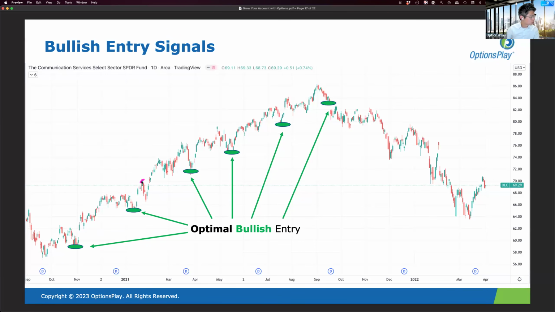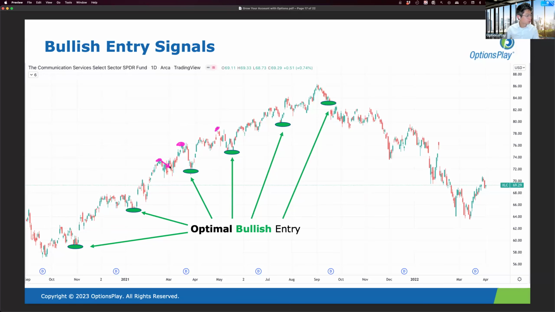If you sold the credit spread here, would you have been profitable after some pain? Yes, you would have been profitable, but sometimes people have a really tough time sitting through that pain. There were multiple instances where the stock looked like it was making new highs, where if you sold at what I would consider the worst possible time, like the parts that I've highlighted, you would have been profitable within just a few weeks' time.